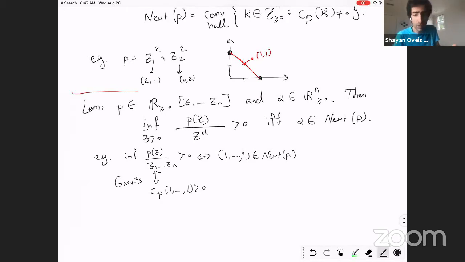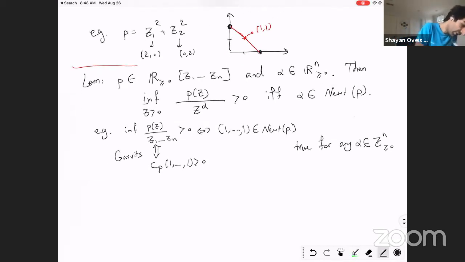Now, this (1, 1, 1, 1) is not a special case. In fact, you can use the same machinery of Gurvits to say that this is true for any alpha in Z^n. So in general, if you look at any integer point in the Newton polytope of a real stable polynomial, it has non-negative coefficient in the polynomial. That's a special property of real stable polynomials.